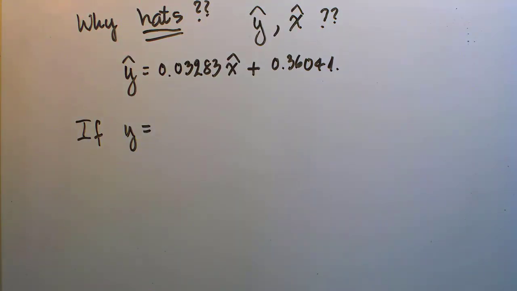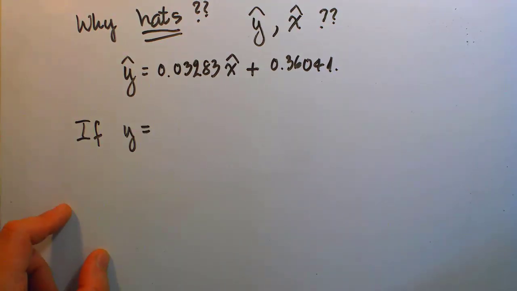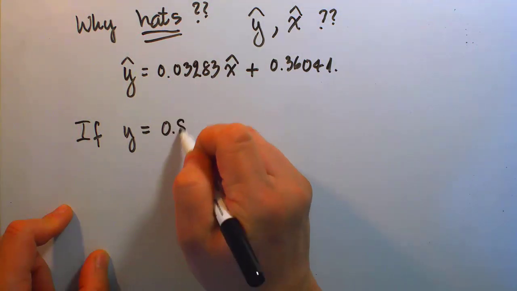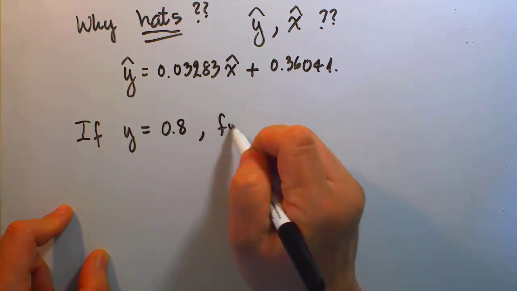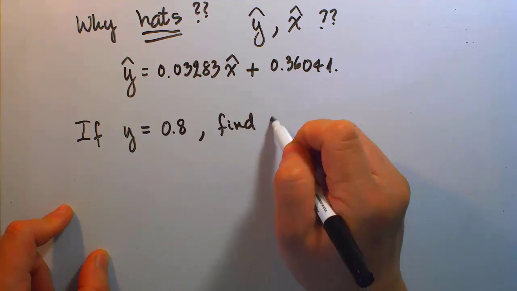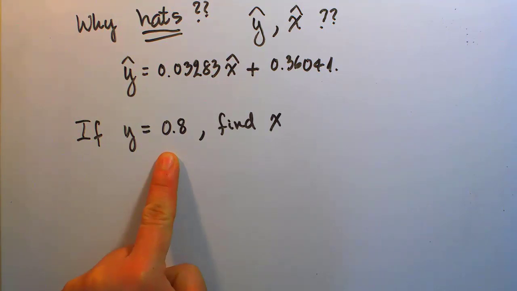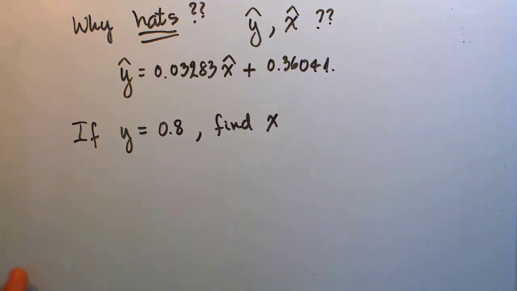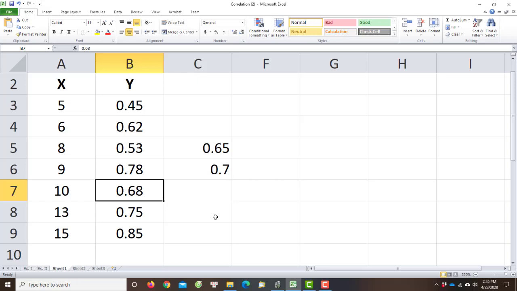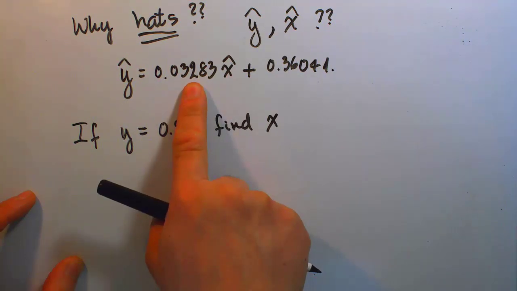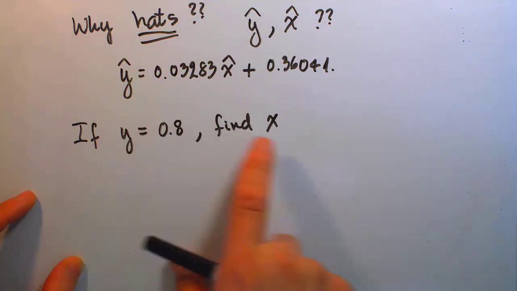But now, if the question says y equals 0.8, and once again asks us to find the corresponding x value, then 0.8 is nowhere located in your data table, in the table given in the Microsoft Excel screen right there. Then we are forced to use the only choice left, use the best fit line equation to predict what should come out for the x value.